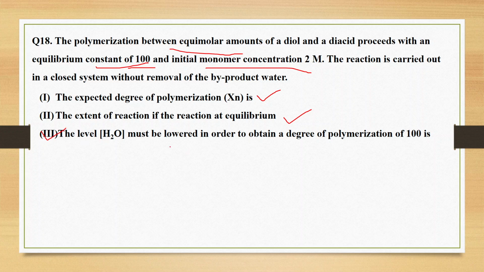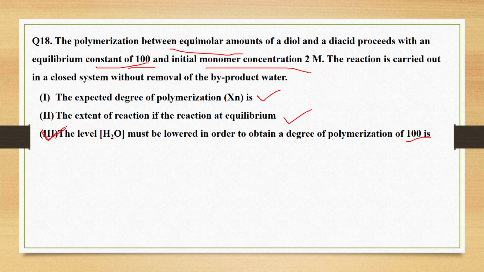The level of H2O that must be lowered in order to obtain a degree of polymerization of 100. The third question is new, where you have to calculate the water concentration, that is, how much you have to lower the water concentration to get a degree of polymerization of 100. Try to solve this.